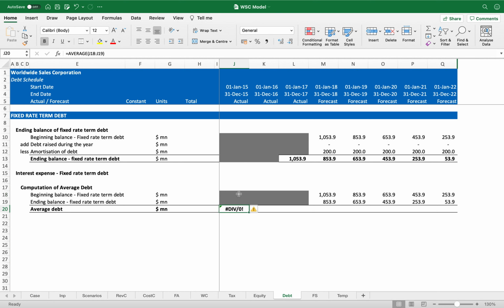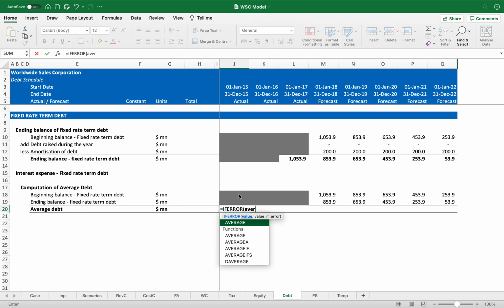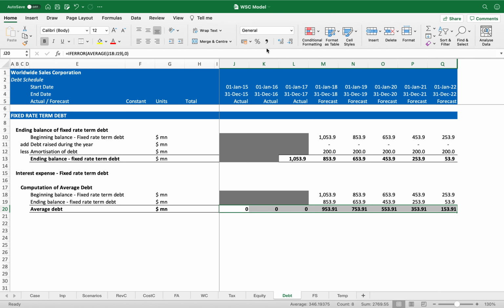And hence you get the error. Okay. So if this computation results in an error, then give me 0, right? We have practiced if error.